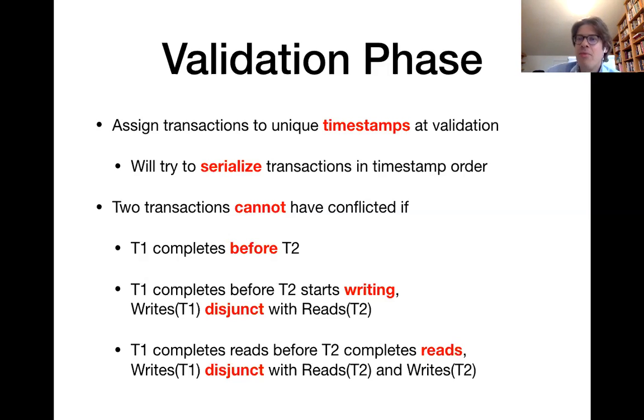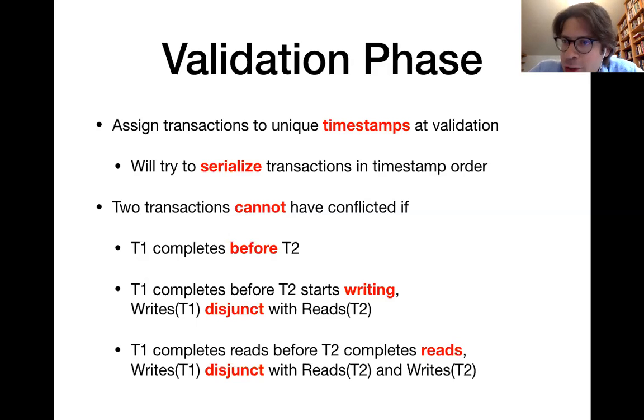Also, in this case, what could happen is that the first transaction writes values to objects that are read by the second transaction. So here, there could be some kind of bad influence linking the two transactions, but we can be sure that this does not happen if the write set of the first transaction, the objects that the transaction has written to and changed, is disjoint with the set of objects that the second transaction has read.